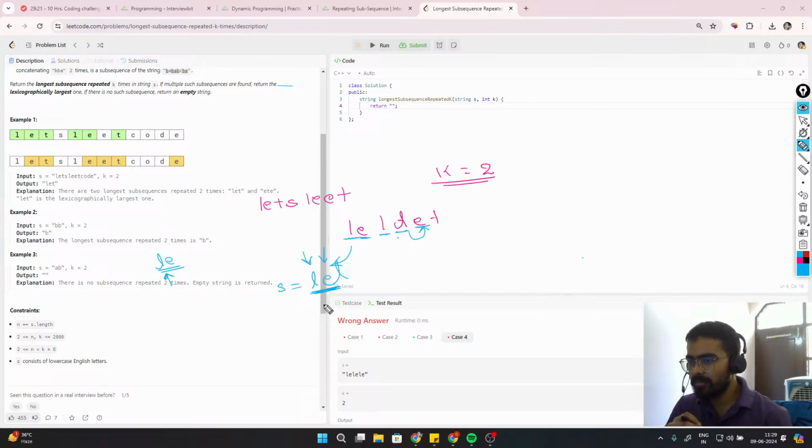So the first time I'll be creating a string, and the second time I'll be finding a string same as this string. So there will be some flag which will help me in setting and not setting.